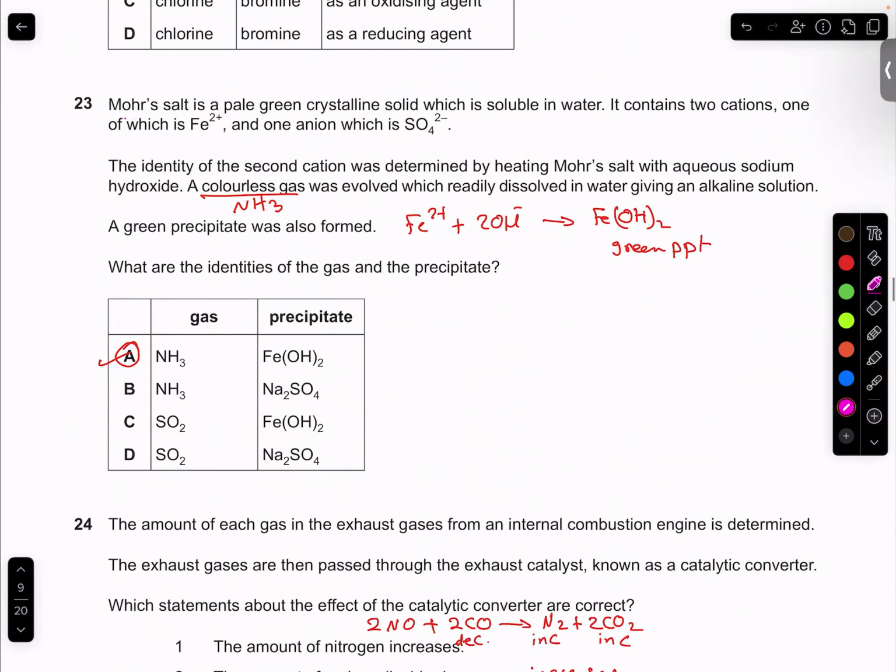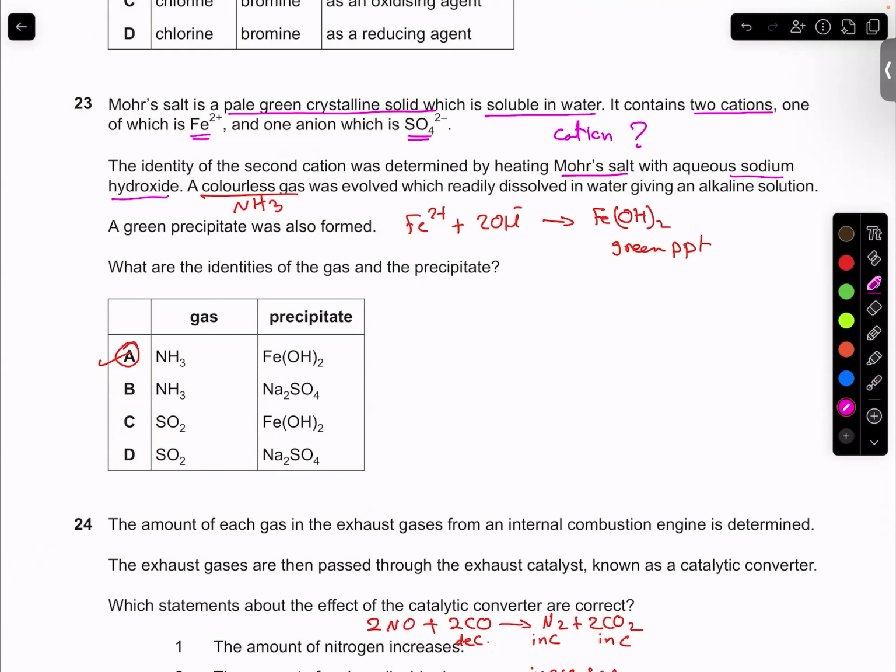Question number 23. Mohr salt is a pale green crystalline solid, which is soluble in water. It contains two cations, one of which is iron, and one anion, sulfate. The second cation is unknown. The identity of the second cation can be determined by heating the Mohr salt with aqueous sodium hydroxide.